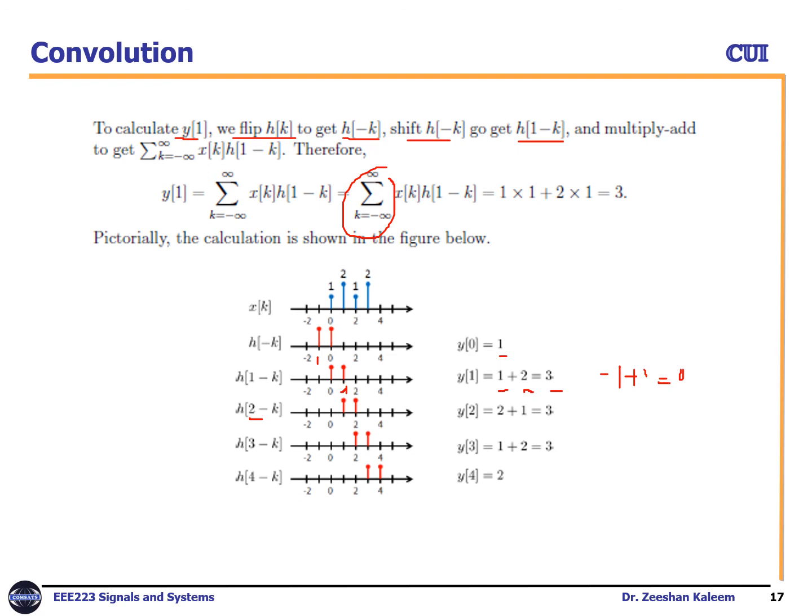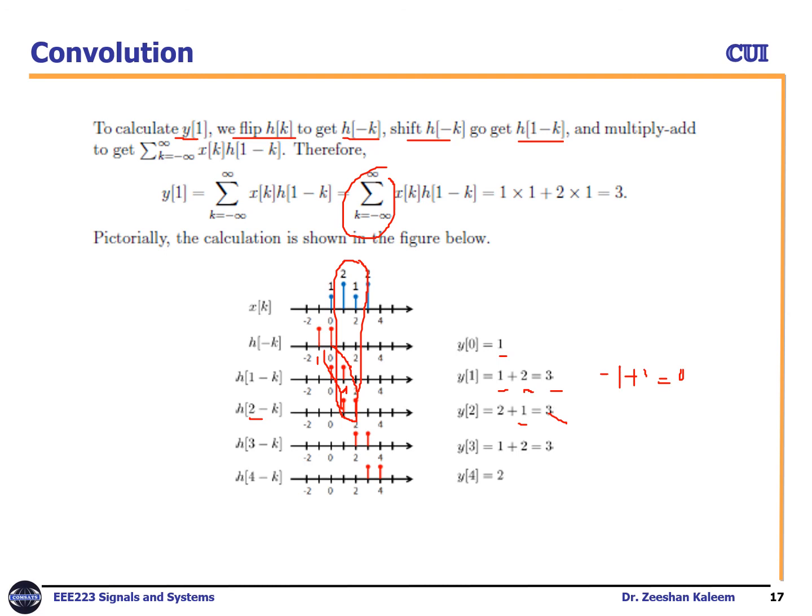Here you add 2: minus 1 plus 2 becomes 1, so it will be shifted to 1, and 0 plus 2 becomes 2, so it will shift to 2. Similarly, when you want to see the overlap, these two will be the overlapping points. So you have 2 into 1, which is 2, and 1 into 1, and it becomes 3.